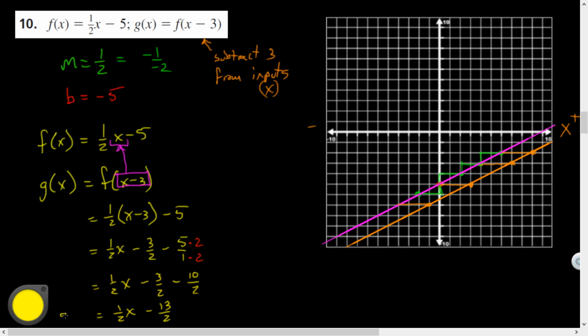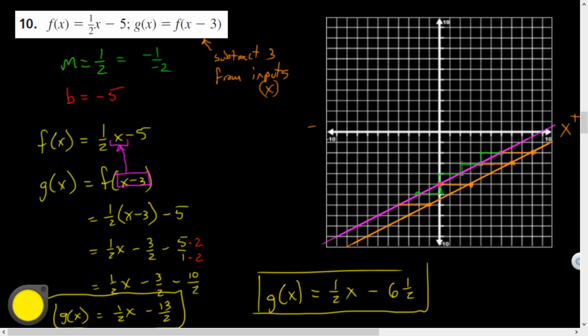So here's my g of x function. I also could have thought of that as g of x equals, this will probably make more sense, 1/2 x minus 13 halves. If I want to write that as a mixed number, 2 goes into 13, well, it goes into 12 6 times with 1/2 left over.